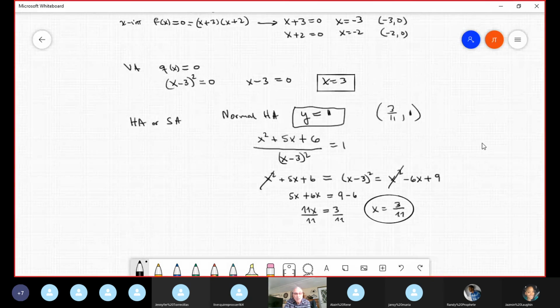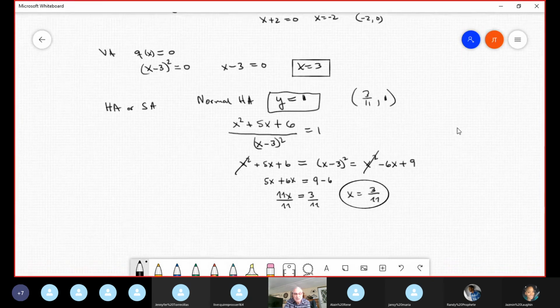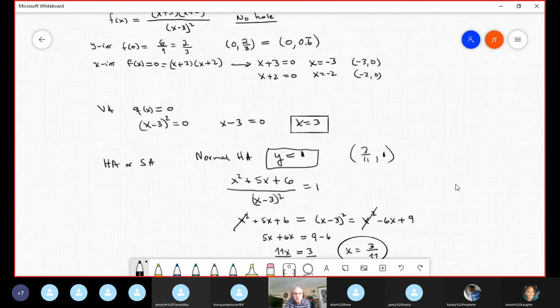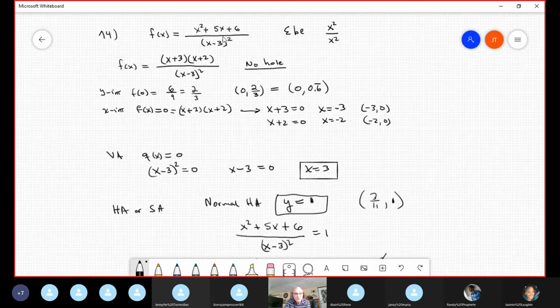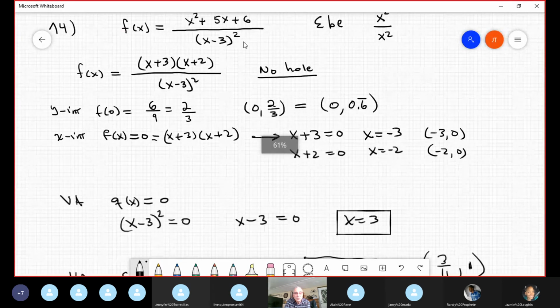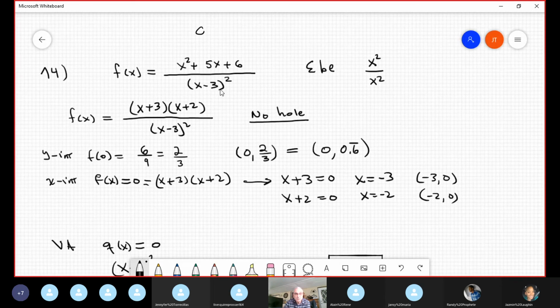Very well. Testing symmetry. What do you think about the symmetry using common sense and your imagination? Look at the original. What do you think: is it odd, even, or neither? Using common sense and imagination, no algebra.